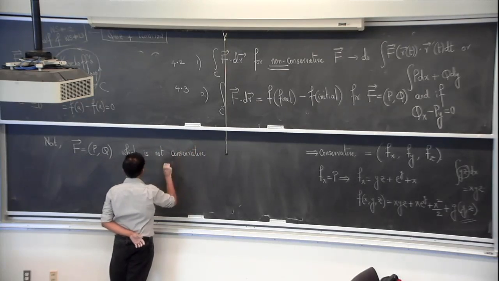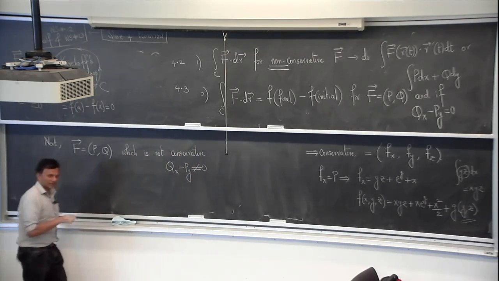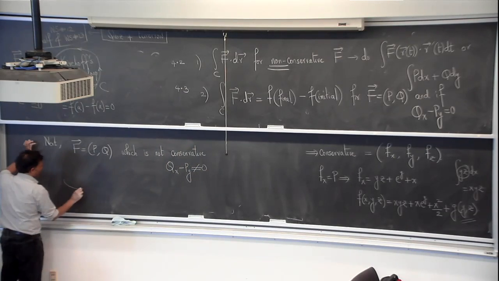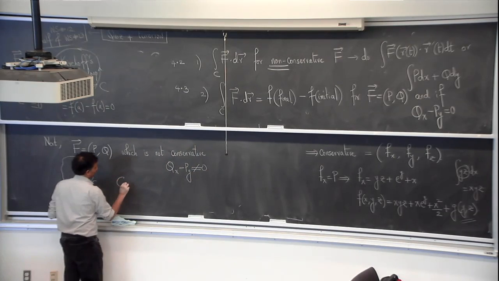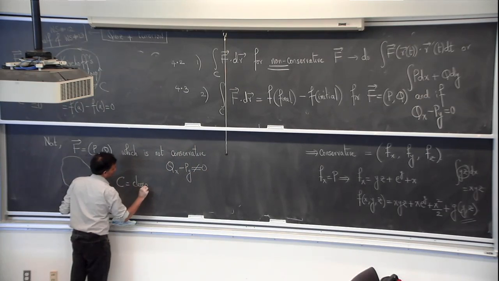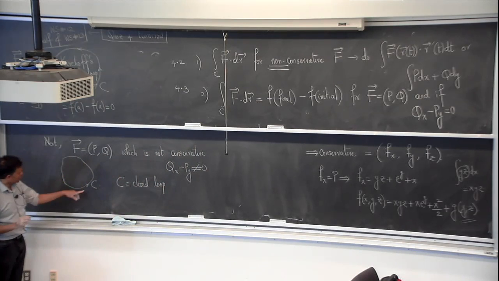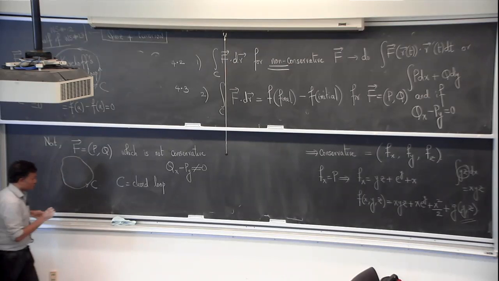In other words, you have some net curl existing here. That is a measure of the rotation of the vector field. And if C is a closed loop, for our sign convention purposes, let's assume that counterclockwise is positive. That is the universal notation. So this is a positively oriented closed loop in R2.